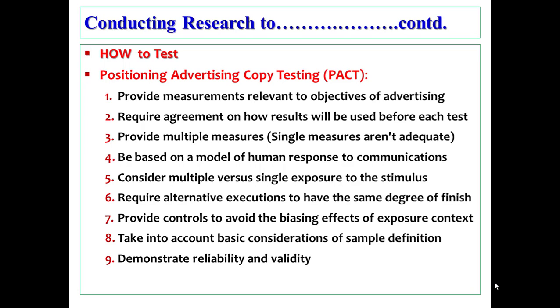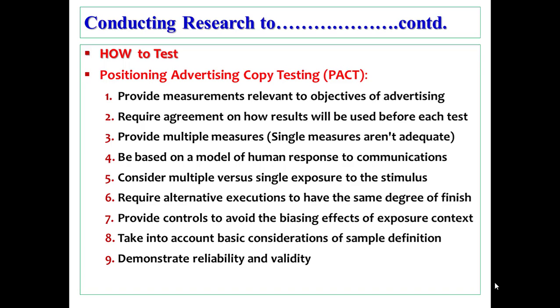For example, number four says it should be based on a model of human response to communication. There are three different types of human communication models, like traditional hierarchy models, hierarchy models, and cognitive models, that we already learned in the second chapter. These kinds of models need to be applied according to the guidelines.